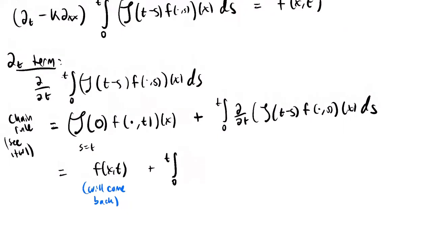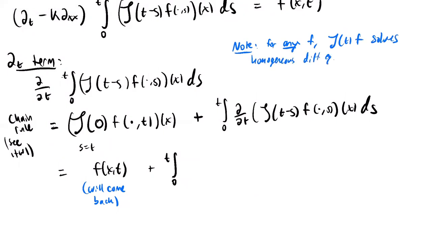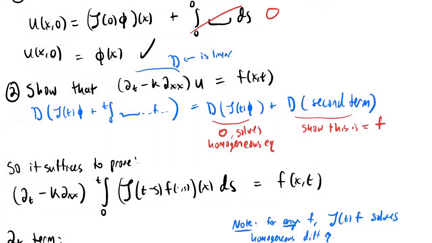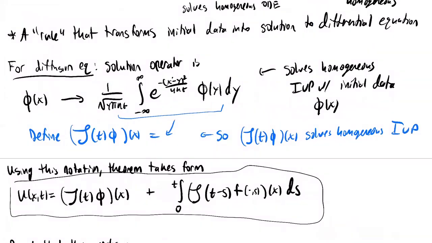Well, notice that for any function, the solution operator S of t applied to f solves the homogeneous diffusion equation. That's how we defined this operator S. It's just the solution operator with initial condition whatever function you're applying it to.